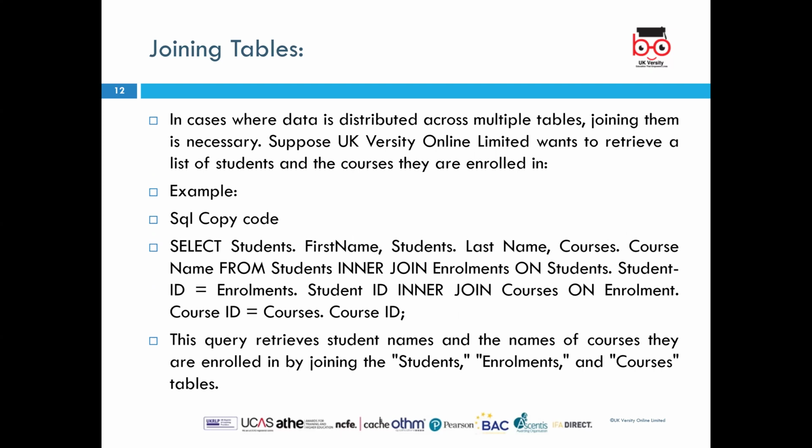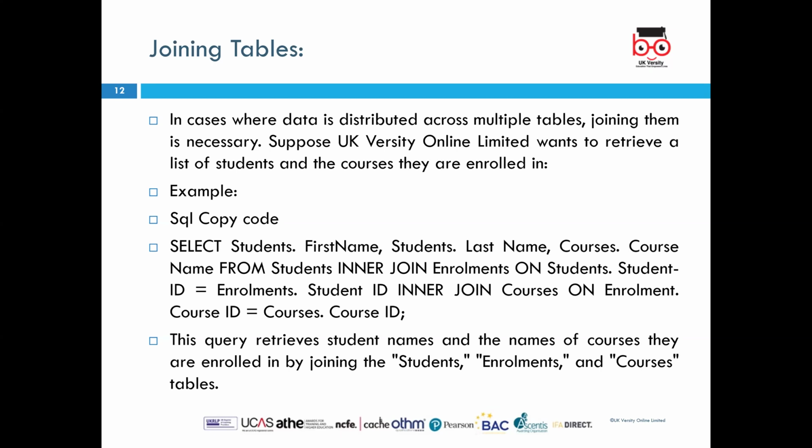Then joining tables. This is again a special criteria for using the SQL database. In cases where data is distributed across multiple tables, joining them is necessary. Suppose UK Versity Online wants to retrieve a list of students and the courses they are enrolled in.